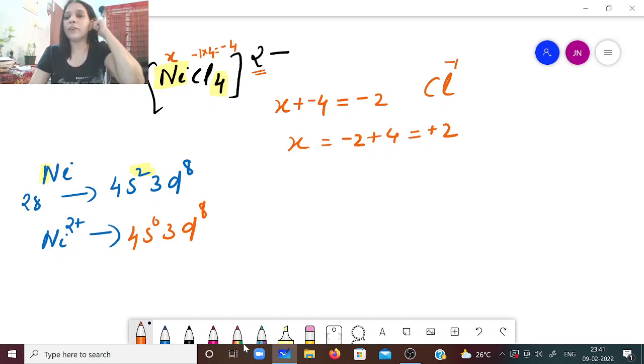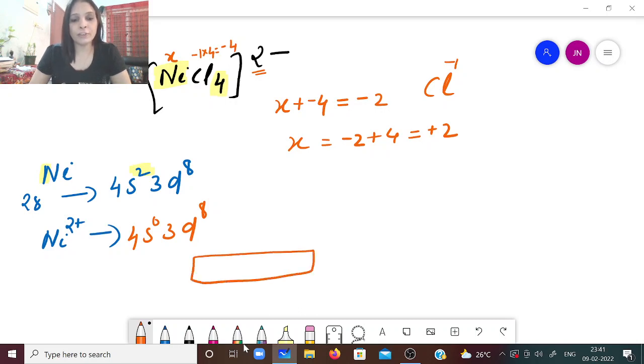Now we have to write the orbital configuration. When I draw the orbital configuration, you know that nickel comes in the fourth period. So we have to write the orbital configuration where this is 3d, and the d subshell has 5 orbitals. Then 4s and 4p also.